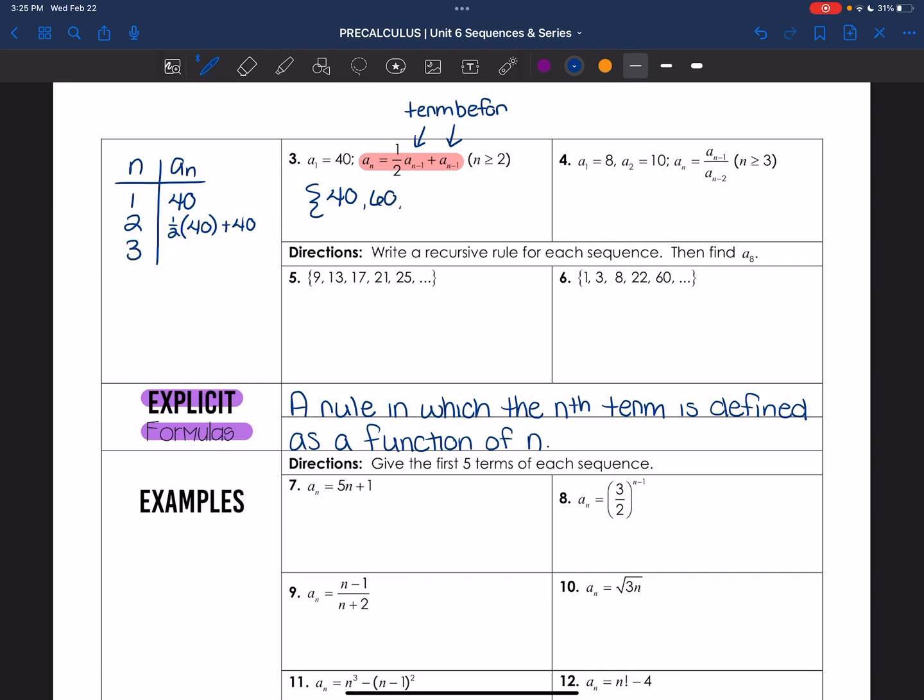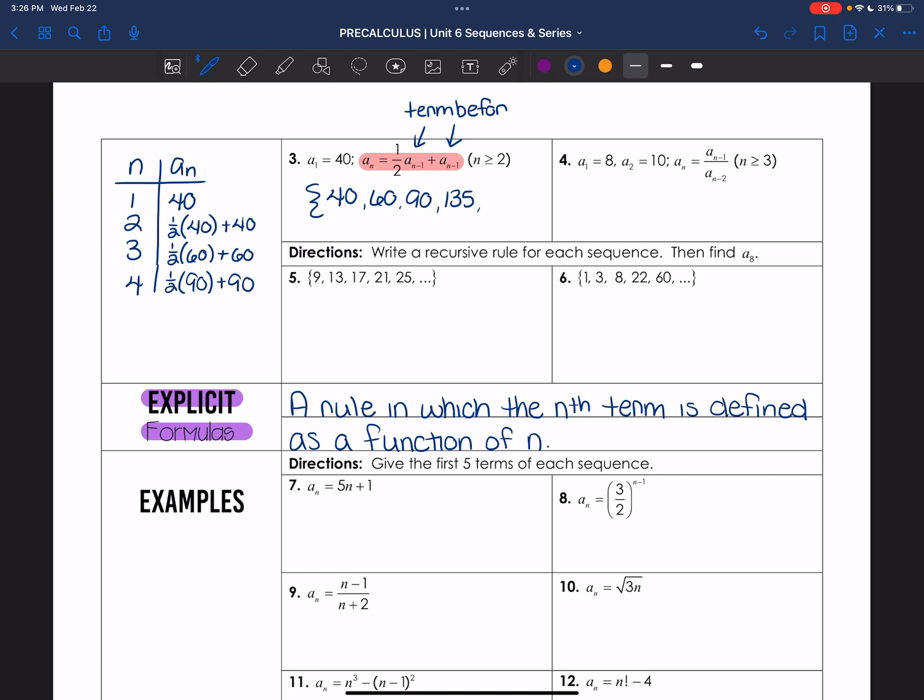Now let's move on to our third term. It's half of the previous term, which was 60, plus 60. That's 30 plus 60, which is 90. Can you guys figure out what the next term, our fourth term in our sequence, would be? It's half of 90 plus 90, which is 45 plus 90. That's 135.